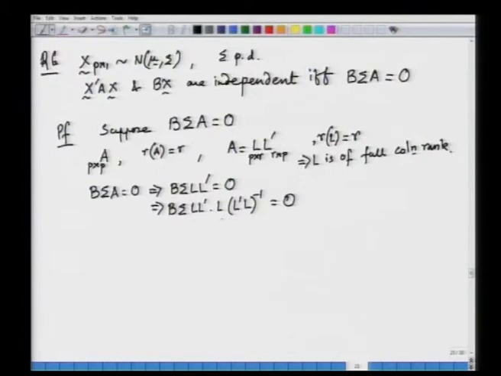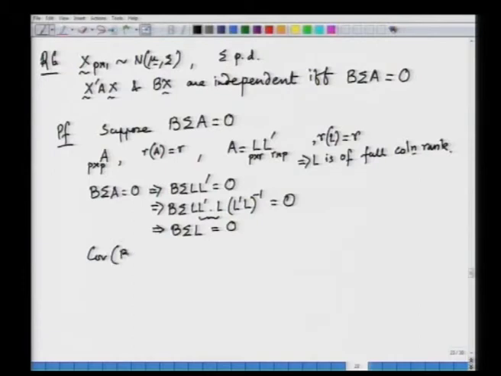So, extra is this part, and let us see how it is going to help us. It is almost immediate, because I can get rid of these 4 matrices. Combining L transpose L and L transpose L inverse, I can write that B sigma L is the null matrix. What is the advantage of B sigma L being null? I already had B sigma A null, now I have established B sigma L null.